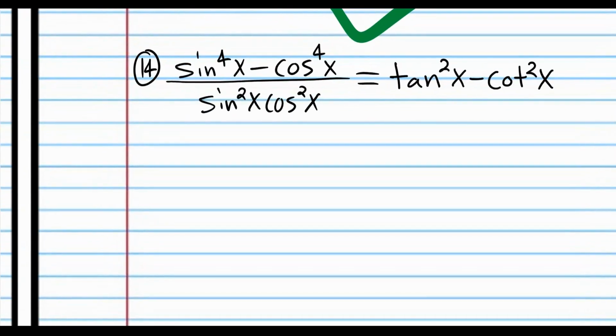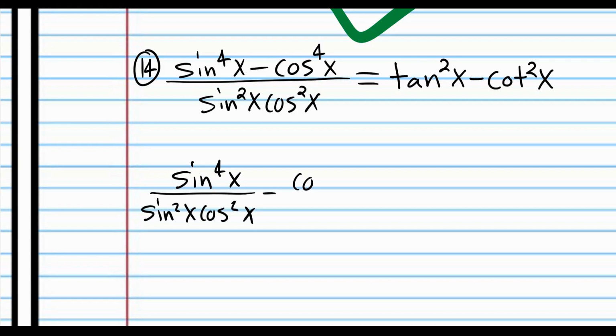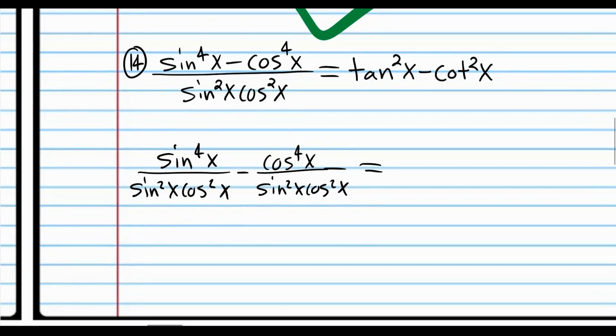Okay, let's try another one of these problems. Again, we're going to use fraction decomposition. So we have a common denominator here. If I went backwards, I would just subtract the numerators and combine the fractions, but we went in the opposite direction.